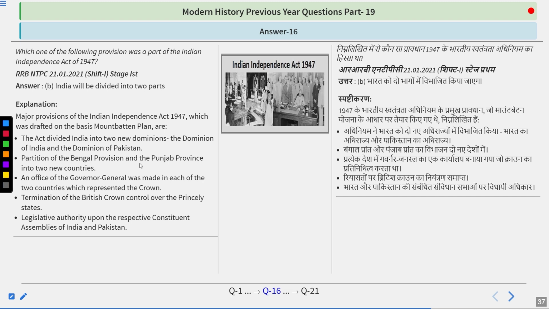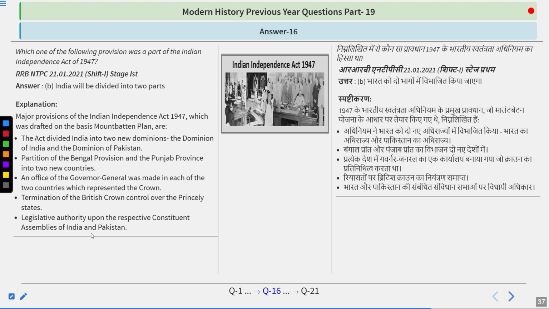It provided for the partition of Bengal and the Punjab province into 2 new countries. An office of the Governor General was made in each of the 2 countries, representing the Crown. It terminated British Crown control over the princely states, and gave legislative authority to the respective Constituent Assemblies of India and Pakistan.